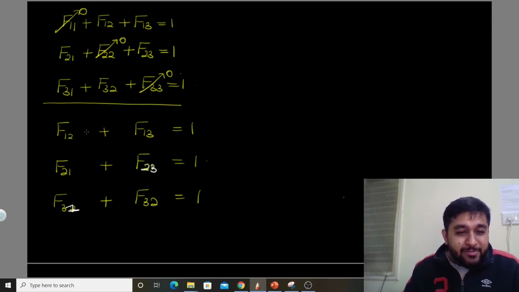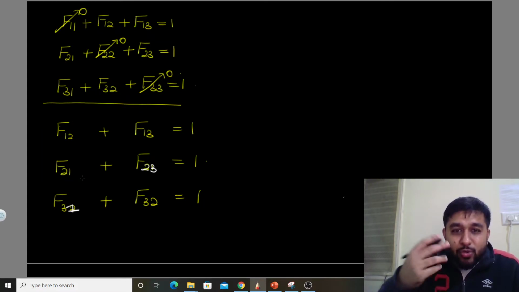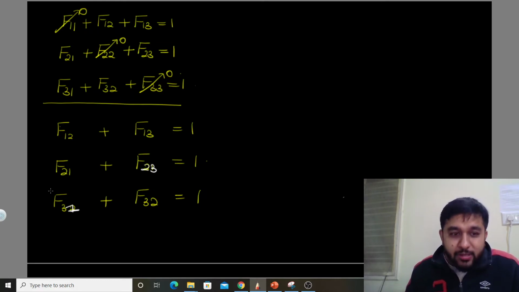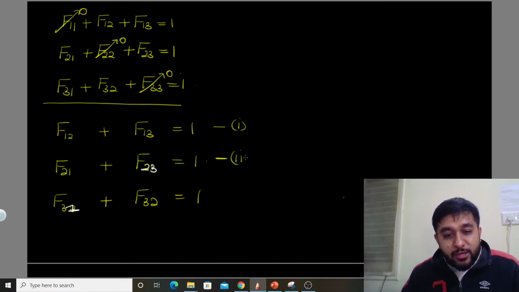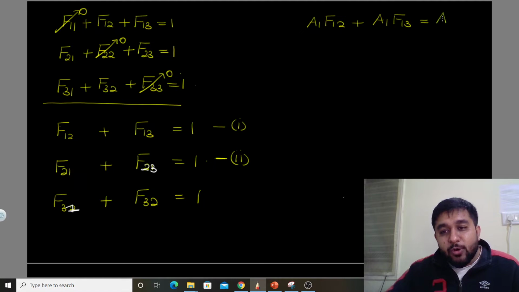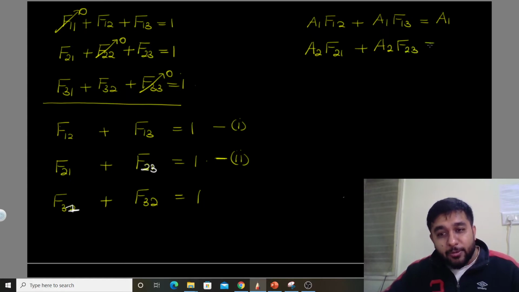So if from equation 1 and 2 I remove this, we will get two equations in F13 and F23. Let me show you how. Let me multiply equation 1 with A1 and equation 2 with A2. So I will have A1F12 plus A1F13 is equal to A1. And similarly, A2F21 plus A2F23 is equal to A2, right?